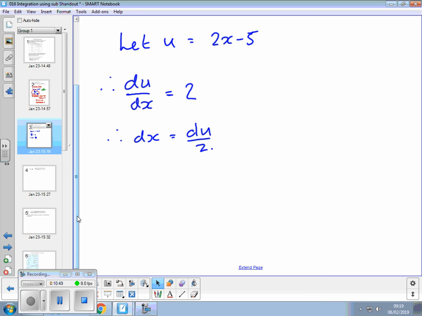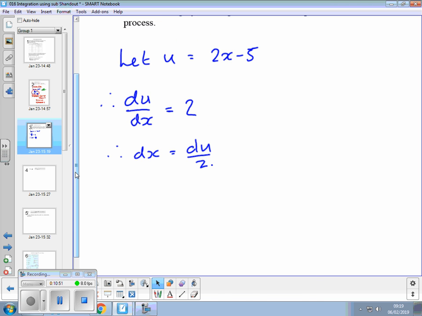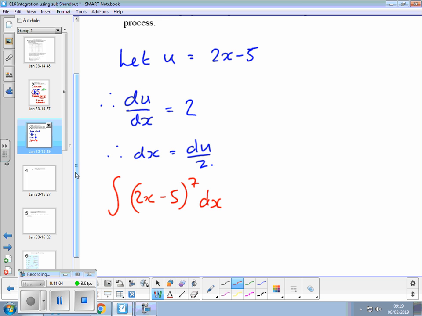Now we do our substitution. So we can say that the integral of 2x minus 5 all to the 7 dx is equal to the integral of u to the 7 du by 2. I've written u in place of 2x minus 5 in brackets, and I've written du by 2 in place of dx.